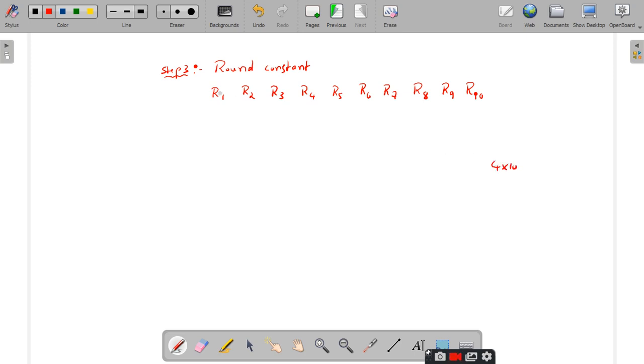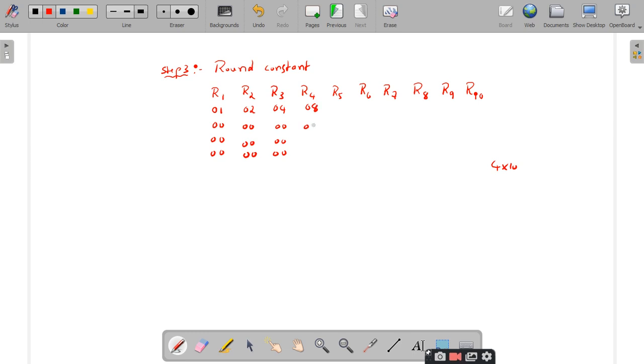Actually this is not a matrix, but round 1 looks like this: 01, all zeros. And round 2 is a constant value. The first value is 2 and then we have all zeros. And similarly round 3 is 4 followed by 4 zeros.